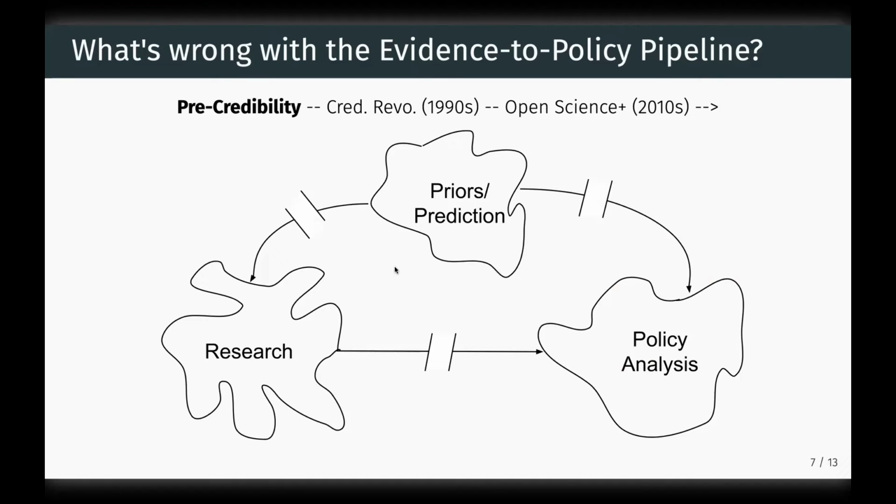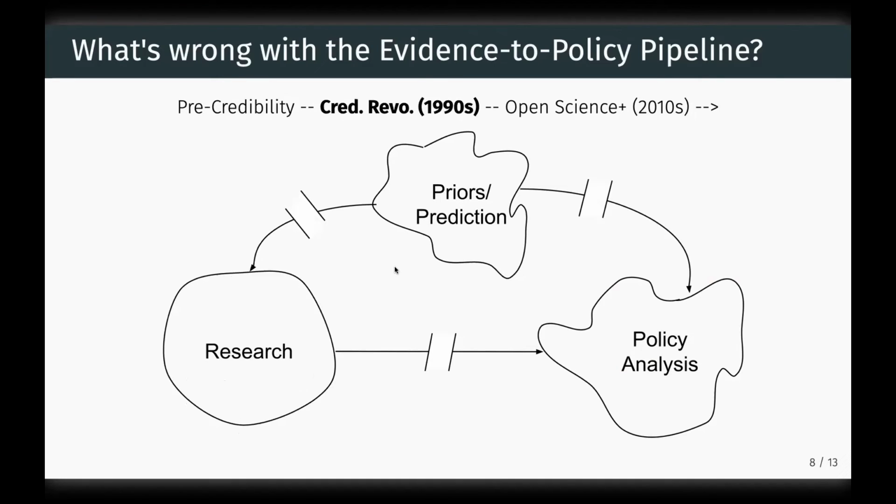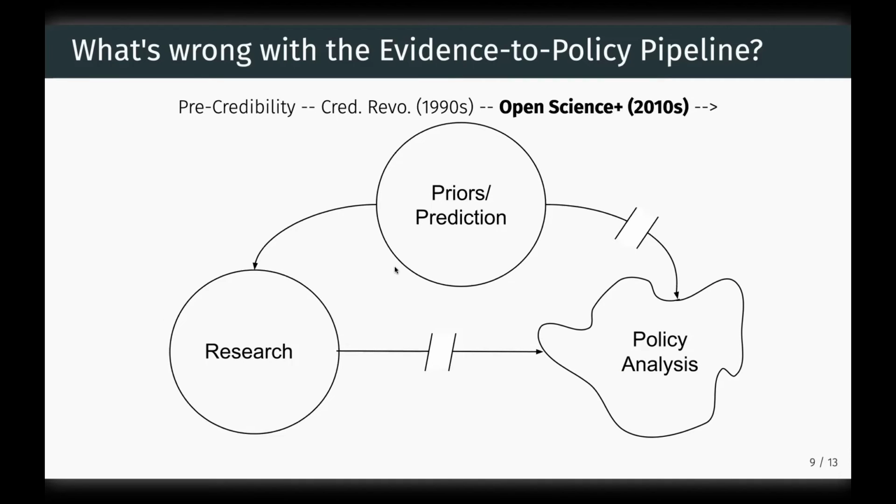And as the credibility revolution happened, the boundaries of research became more well defined. We had a more rigorous understanding of what credible evidence is. Also, in the last decade or so, with the advances of open science, and I say open science plus because I'm including the advances in prediction and expert judgment, we have a more well-defined prediction component, a much more well-defined research component.